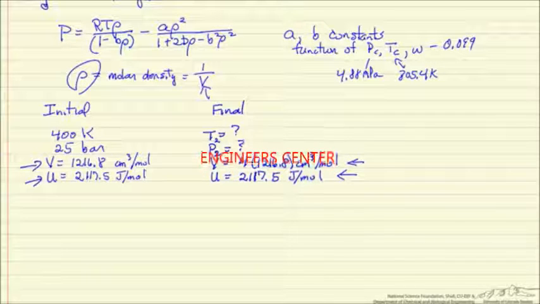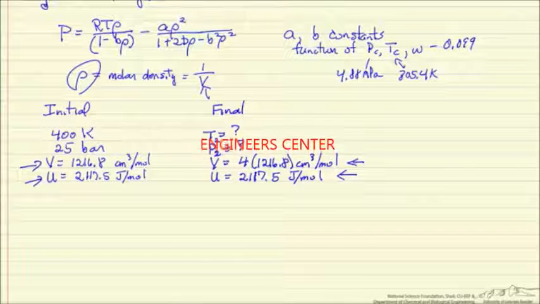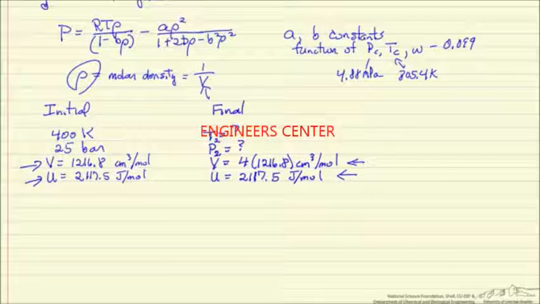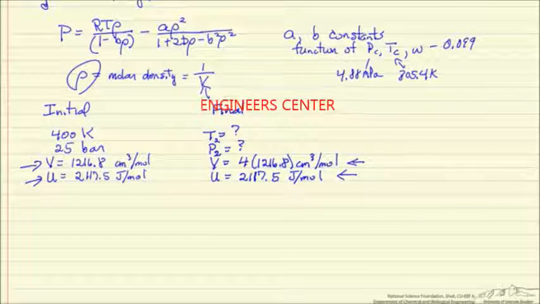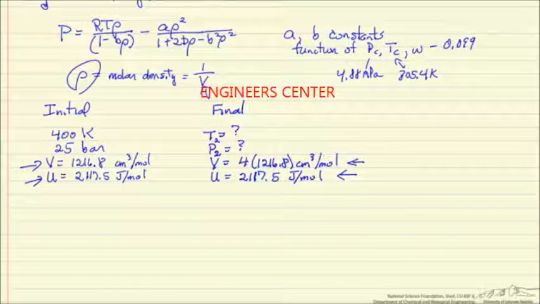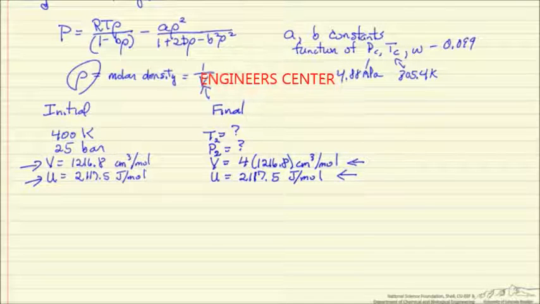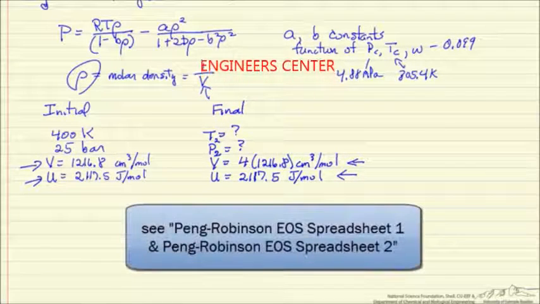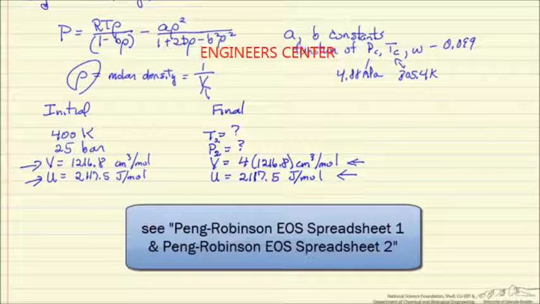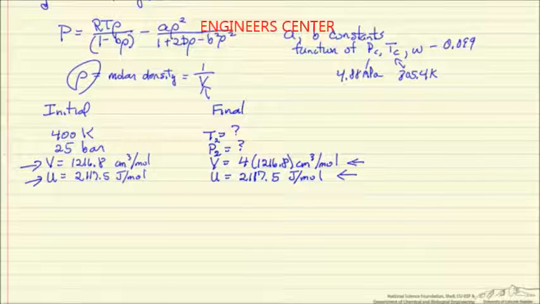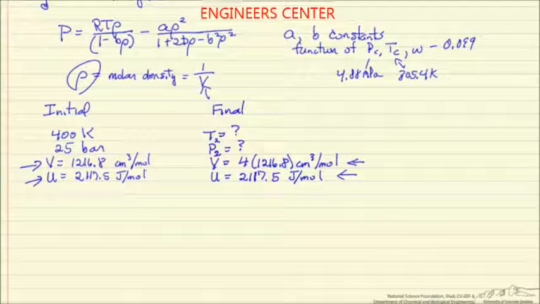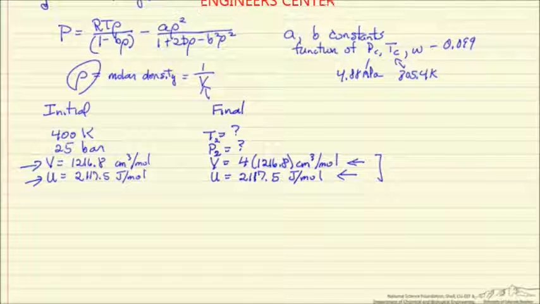So we have 2 state properties, volume and internal energy, which means we have a unique value for the temperature and the pressure. And so we use a spreadsheet equation of state program that's described in a separate screencast. And that has to iterate to find the correct values for temperature and pressure subject to these 2 constraints.